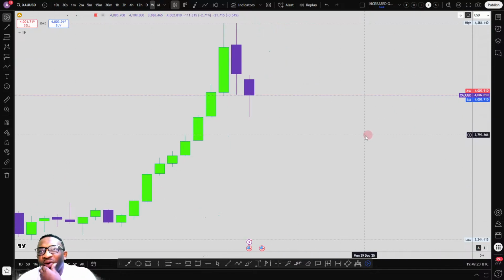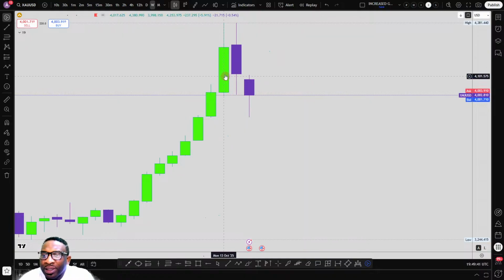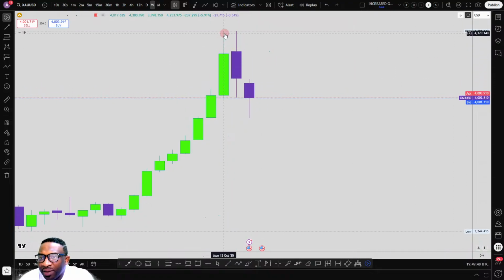On the weekly, you can clearly see that we have been very bullish, and then currently, looking at the 2 weeks price action, we have had a body close below the last 3 weeks bullish candle, which made this all-time high.